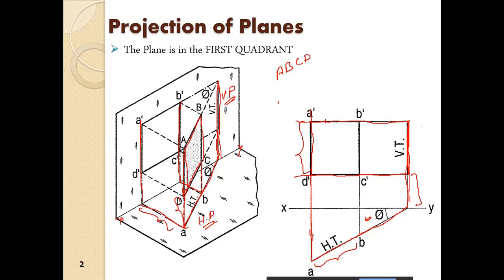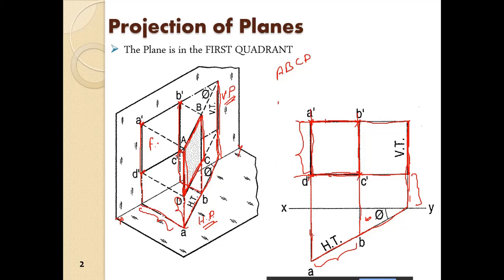Here also we extend the line upwards. So we get these intersection points. Those intersection points are the projection of the plane ABCD on the vertical plane. So we join them, and we get the front view.